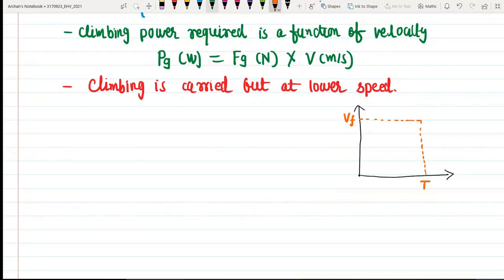In this particular time I will accelerate my vehicle and reach this point. So to reach this maximum speed Vf in time t seconds, what will be the force required? Here I have assumed linear acceleration. You can see a straight line there.